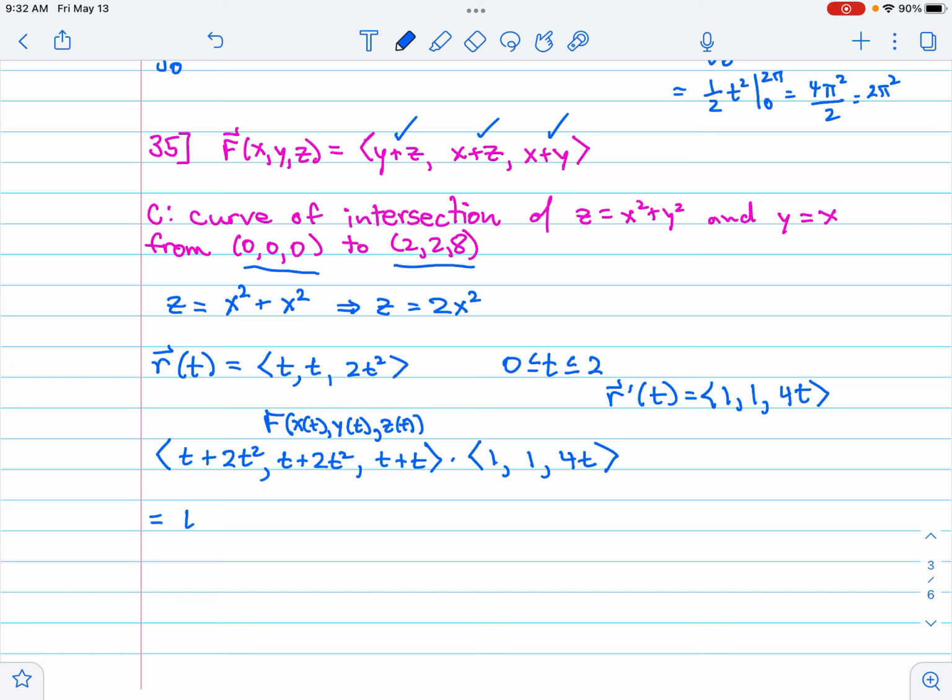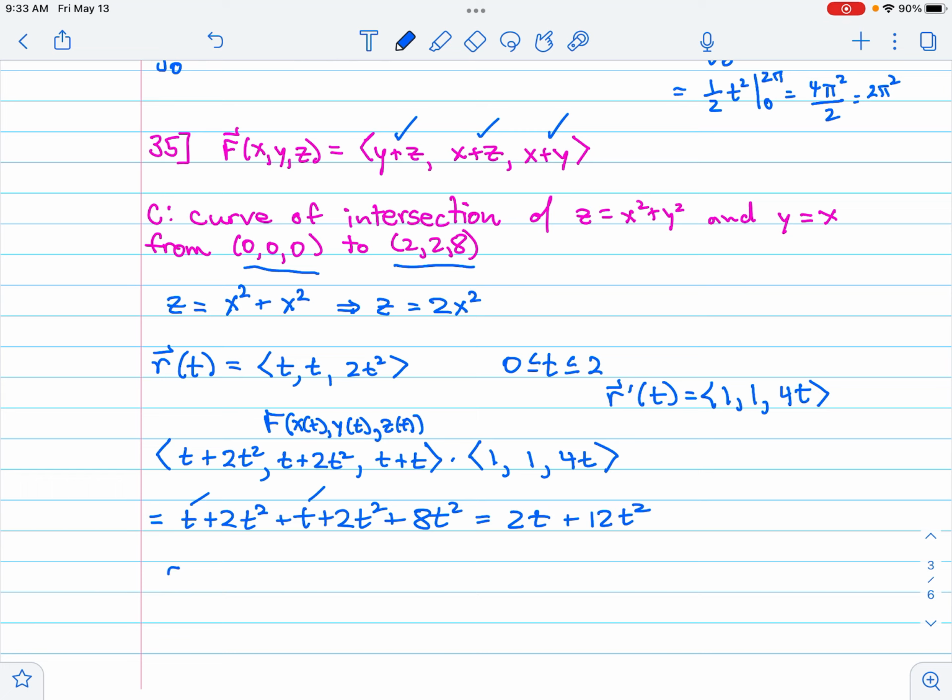We've got t plus 2t squared plus t plus 2t squared plus, this is 2t, that's going to be 8t squared. So let's see what we've got here. We've got 2t, add like terms, and there's 2, 4, that's going to be, I guess, 12t squared.